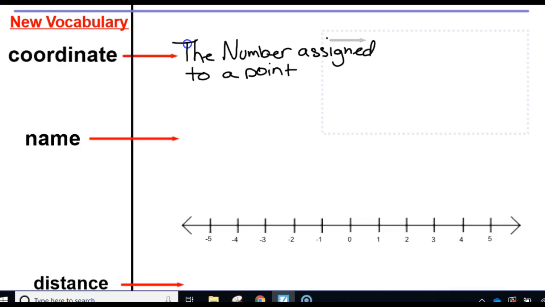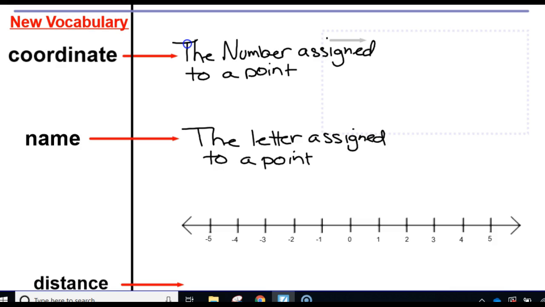And then to name it, that is the letter assigned to a point. Important to know, coordinates are numbers, names are letters. We talked about naming points in our earlier lesson.